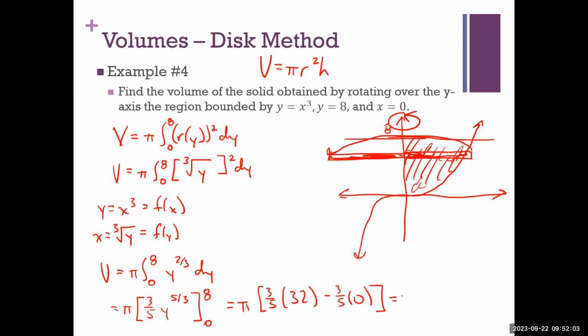That's 96/5 pi. All right. First, scan for errors. I think it's okay.